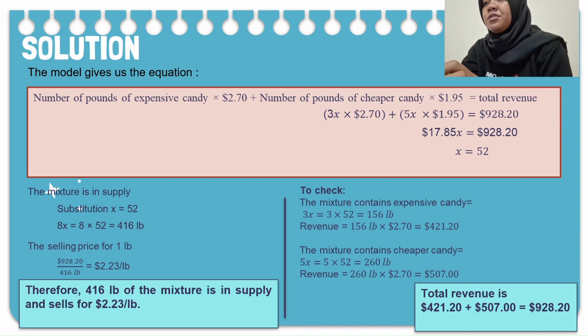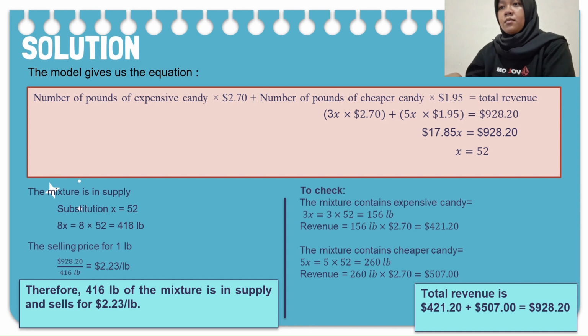Okay, next, the mixture in supply. Substituting x equals 52, so 8x is 8 times 52 and we have 416 pounds. Next, the selling price for 1 pound is $928.20 over 416 pounds, and we have $2.23 per pound.